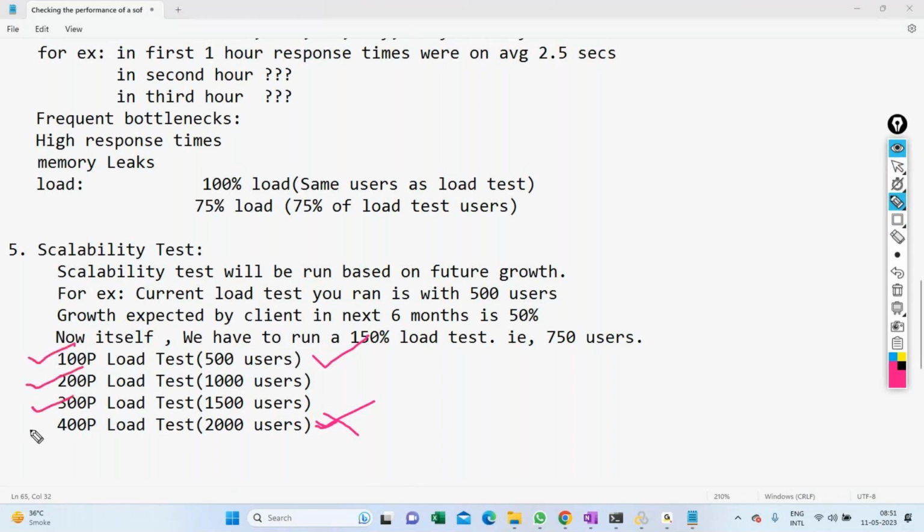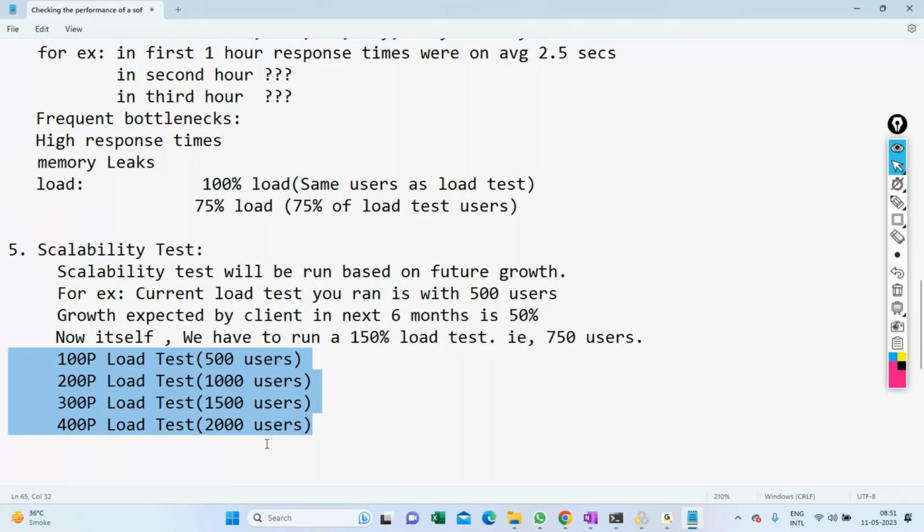At that point of time, we were testing around 15 to 20 applications as a team. Out of that, we observed that only 7 to 8 applications were supporting up to 400% load with the current configuration, whatever the CPU, memory, and server configurations we had at that time.